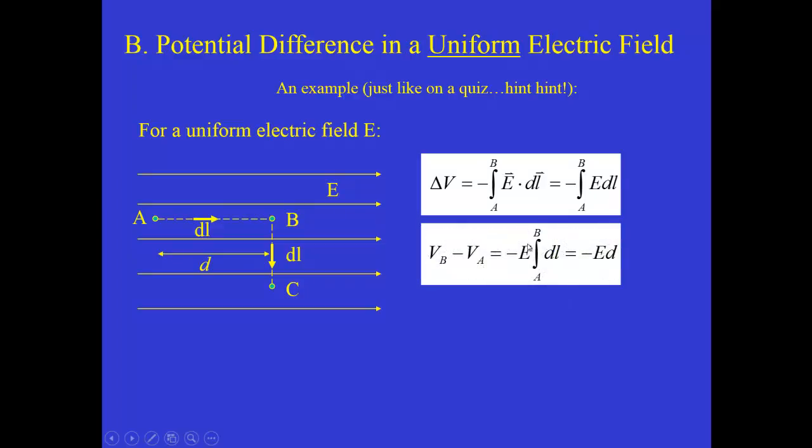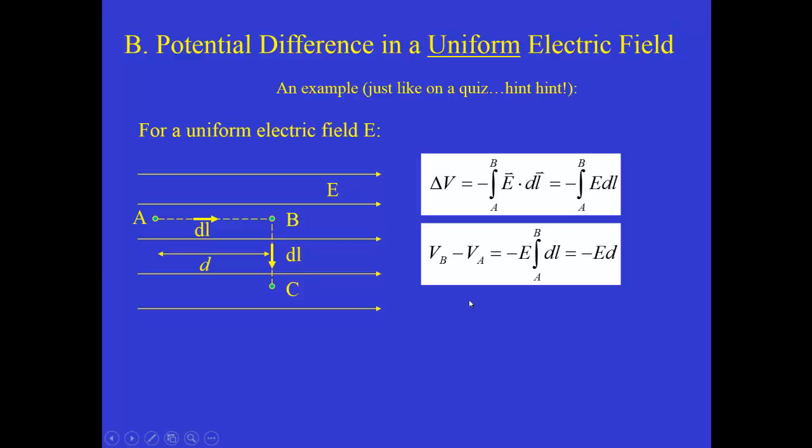Now for a uniform field, E comes outside the integral, and then what's left is simply the sum of all of the dl distances traveling from point A to point B. If we add up all the displacements, they just give us a distance d. And so that integral simply gives us d.